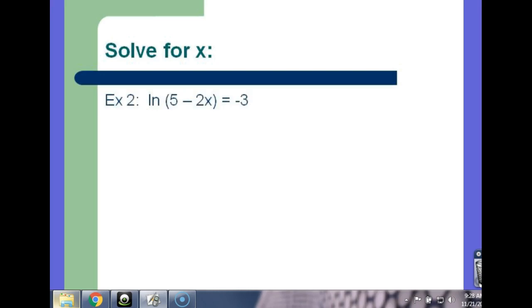Okay, once again, ln has to be isolated to do this. So we got ln on one side, numbers on the other. We can e both sides. E's and ln's cancel. So you get 5 minus 2x equals e to the negative 3. Isolating our x, we're going to subtract 5 from both sides.